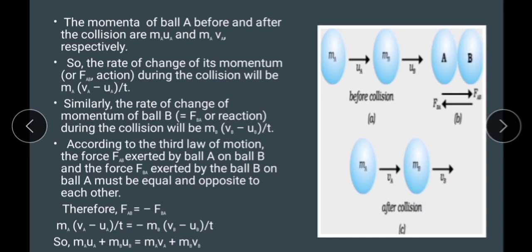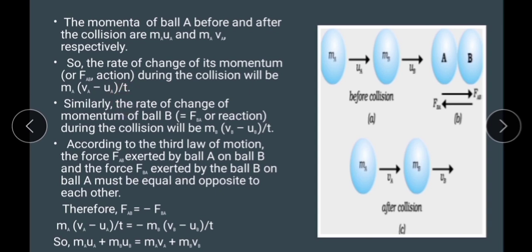The first ball has a mass of mA, its initial velocity is uA and its final velocity is vA. So we can say that the rate of change of its momentum during the collision will be mA into (vA minus uA). This vA minus uA is the change in velocity, divided by t. As it says rate, it means that it is divided by time.